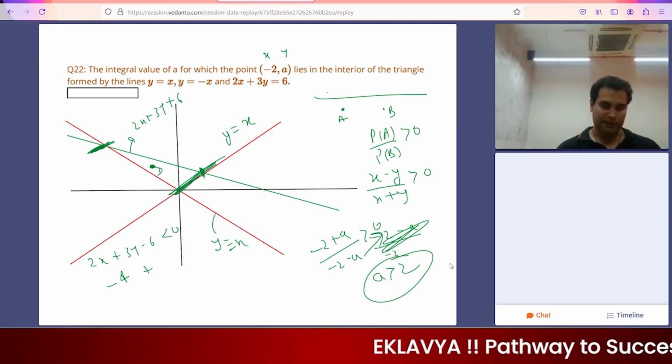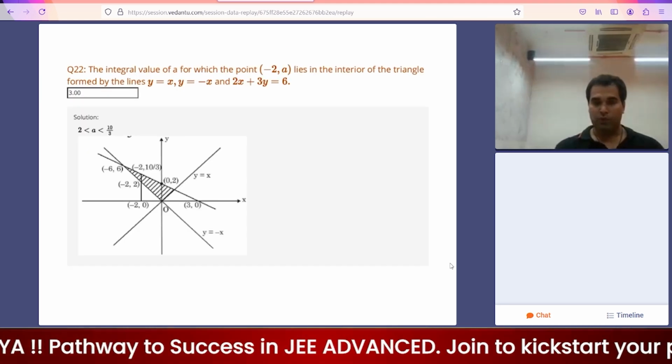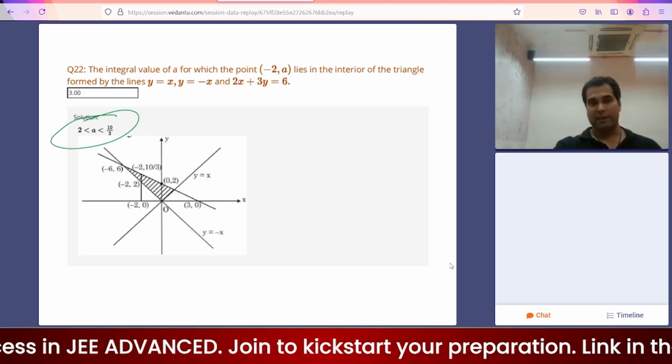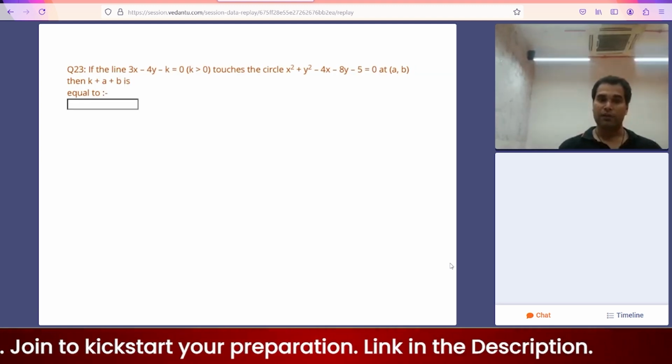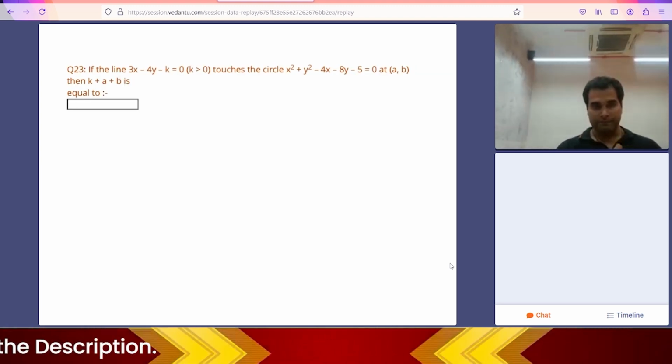Here a is less than 10 by 3, so a lies between 2 and 10 by 3. The correct option is a greater than 2 and less than 10 by 3.